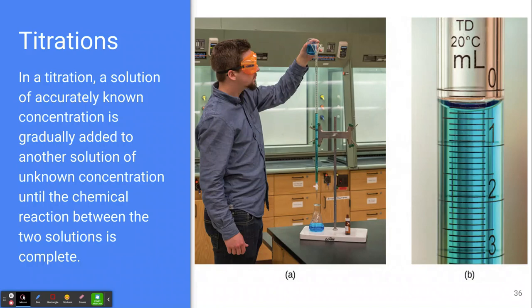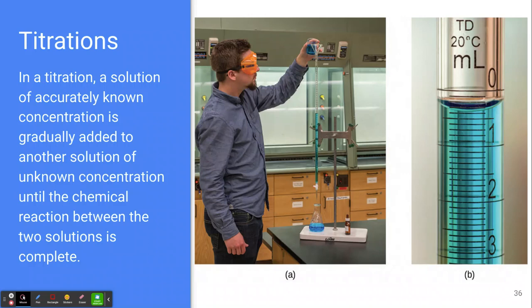Now, we use titrations in acid-base chemistry. And now titrations, we're going to be using burettes. Burettes are extremely precise. They go down to the 0.01 place, so the hundredths place. And so what we do here is we're going to use a known concentration that could be using a known mass of a solid, or it could be using a known concentration and volume of something.